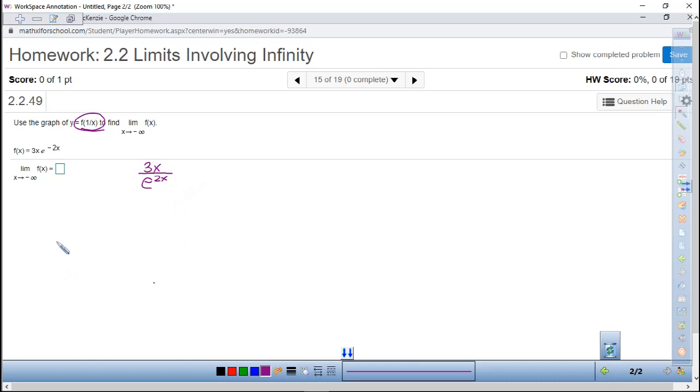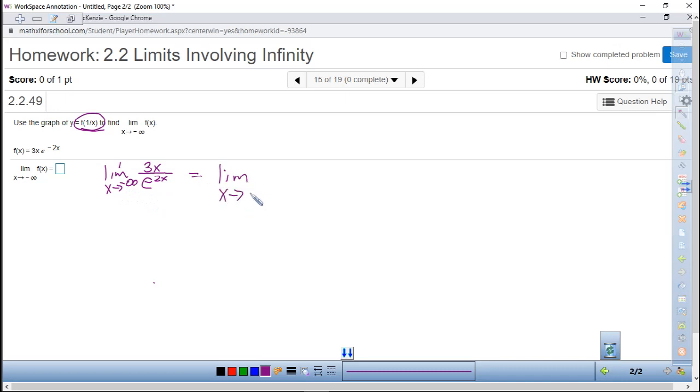Now, here's another way that you can do this. If we do the limit as x approaches negative infinity of this, you can also do this little trick of taking the negative and putting it in all your x's up here, and then taking the limit as x approaches infinity. That trick works also.